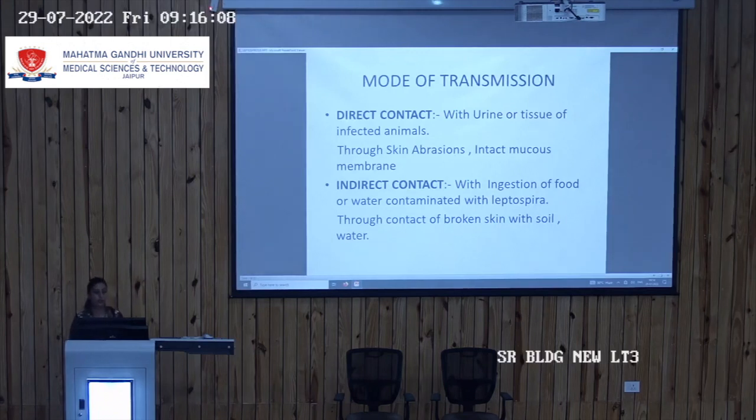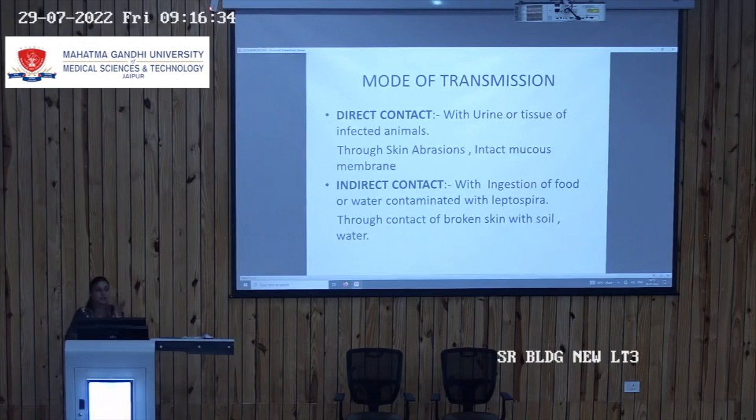Direct contact with urine or tissue of infected animals, through skin abrasions and intact mucous membrane, lets this bacteria get into the human body. Indirect contact may be by ingestion of food or water contaminated with Leptospira, or if it comes in contact with broken skin, with soil, or with infected water.